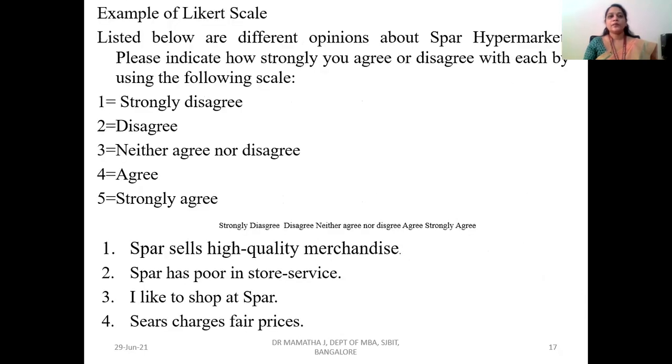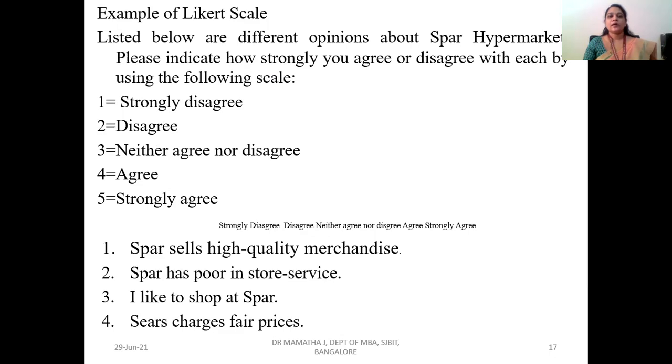For example, here in the slide you can see, if you are asking for opinions about Spar hypermarket, you ask the respondents to indicate how strongly they agree or disagree with each of the following statements. The scale is from 1 to 5, so this is called a 5-point scale. 1 stands for strongly disagree, 2 for disagree, 3 for neither agree nor disagree, 4 for agree, and 5 for strongly agree.